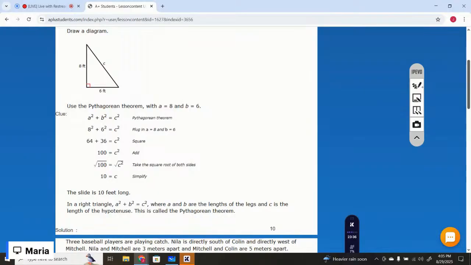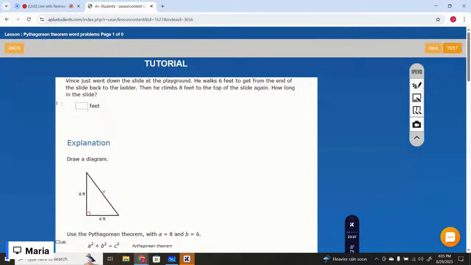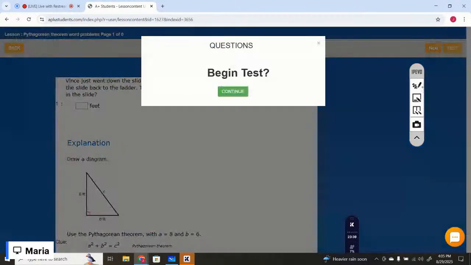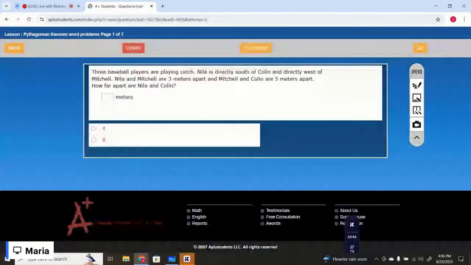Let's just start with the test questions. Three baseball players are playing catch.